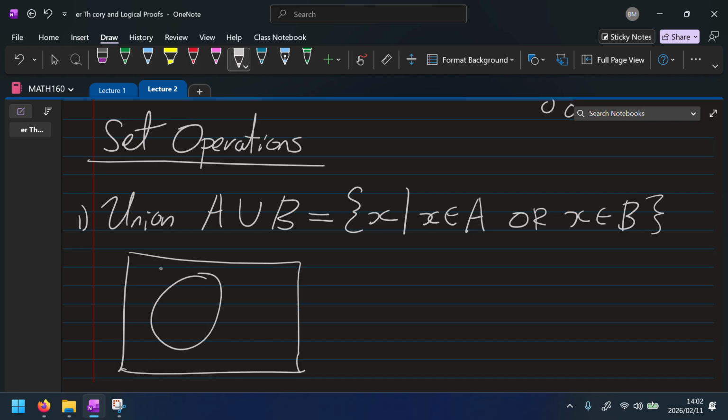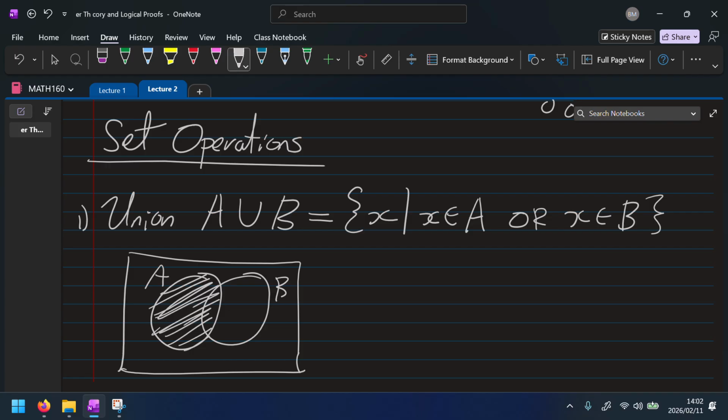So we have set A, set B, whatever they might be. What are all the elements that are in A? That's the first part, so we can shade everything in A. This first part of the rule, X is an element of A, gives us all of this. We look at everything: is it in A? We shade it in. What about the second part, X is an element of B?